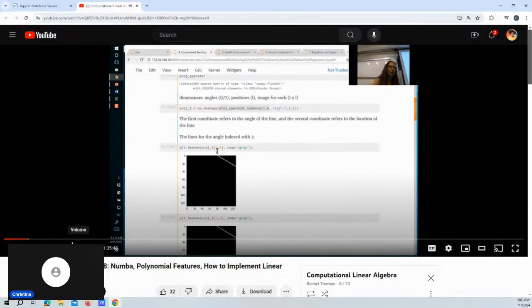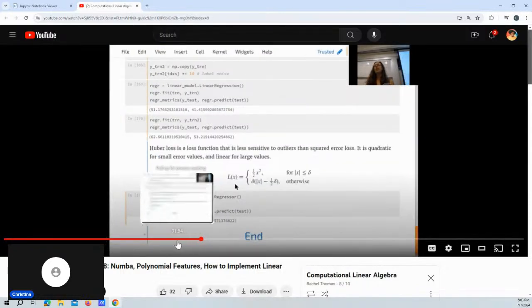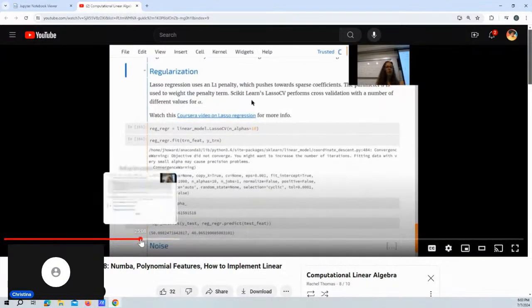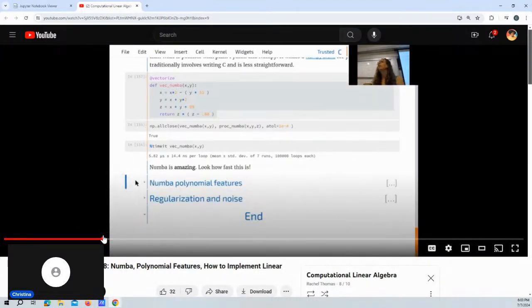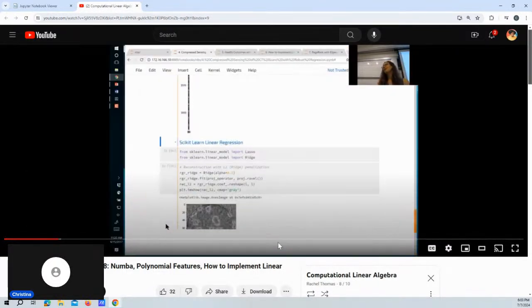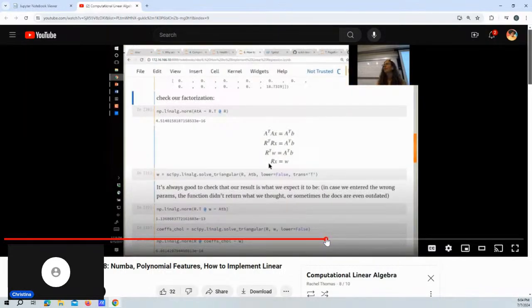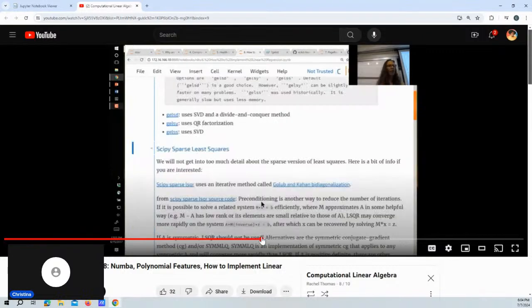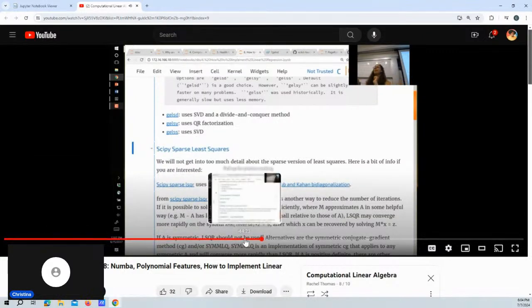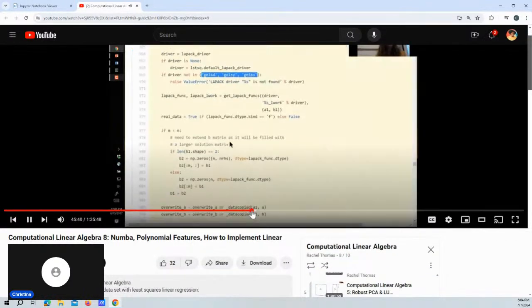Vertical position of how high up the line. GELSD, GE.